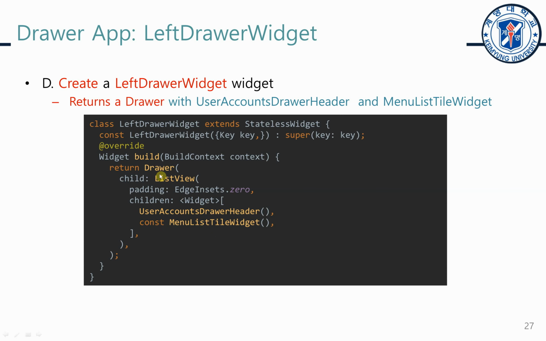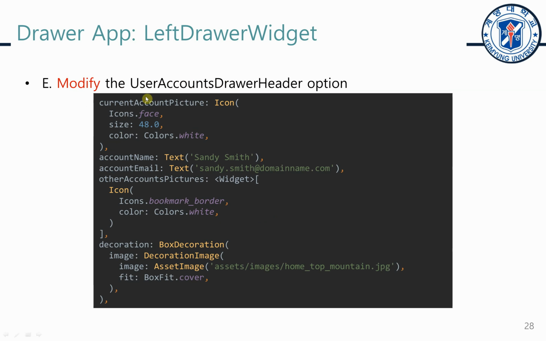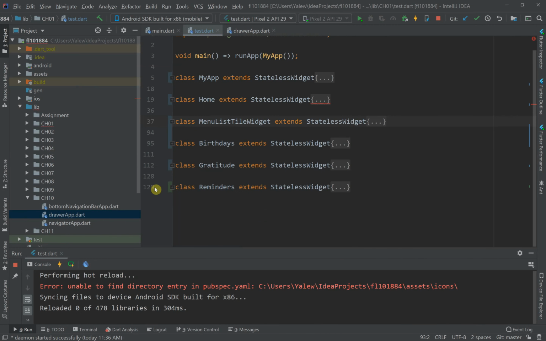So we go ahead, first fill in the left drawer, and then put this inside the user account drawer header option. So it should have current account picture, it should have account name, it should have account email. Since these are all the widgets that we have created, I might not code everything here. So where are we?